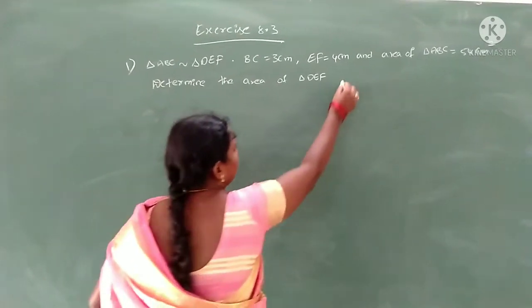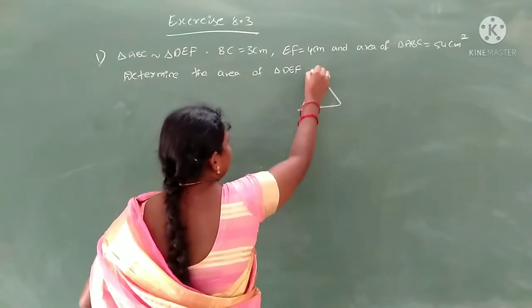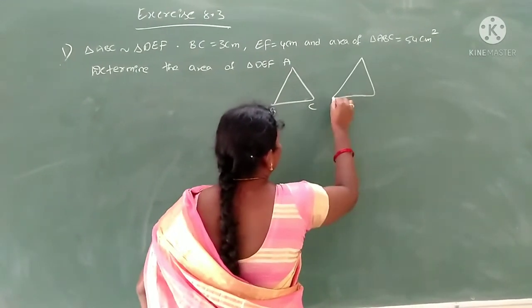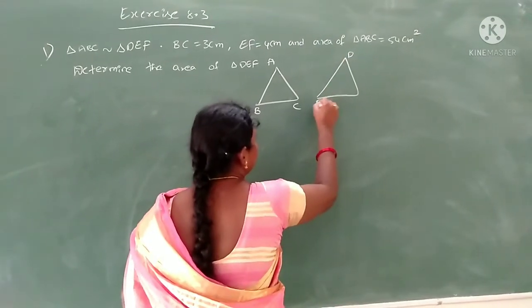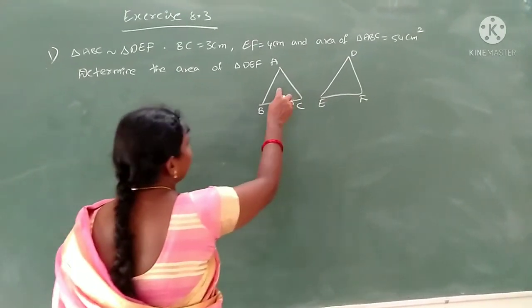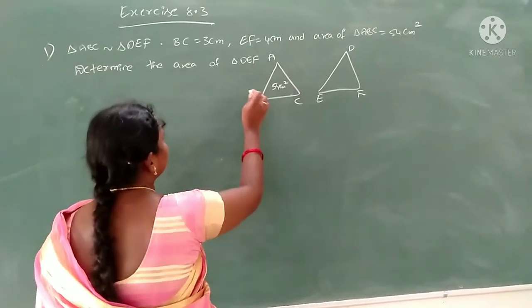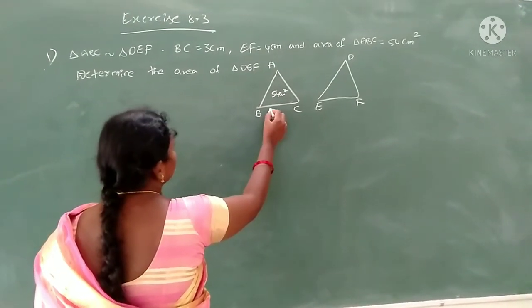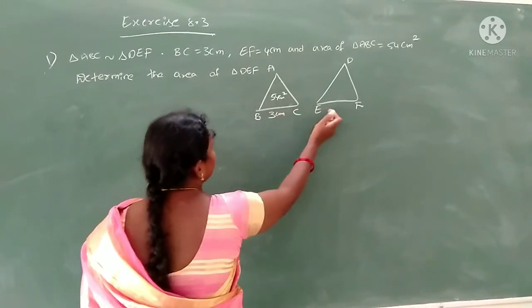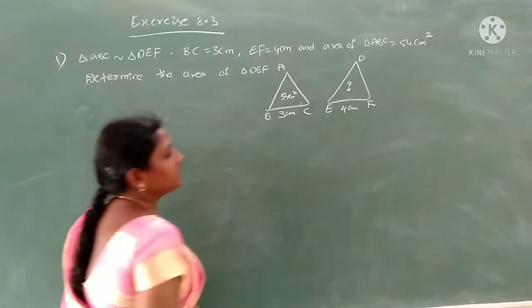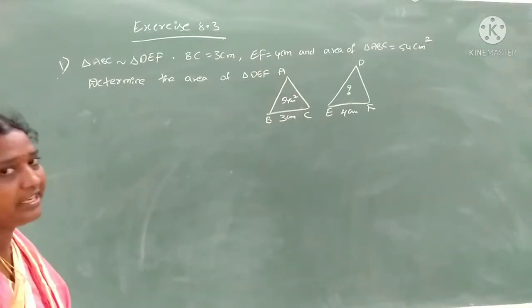First draw the figures A, B, C, D, E, F. So area of triangle ABC is 54 cm square, BC value 3 cm and EF value 4 cm. Find the area of triangle DEF.